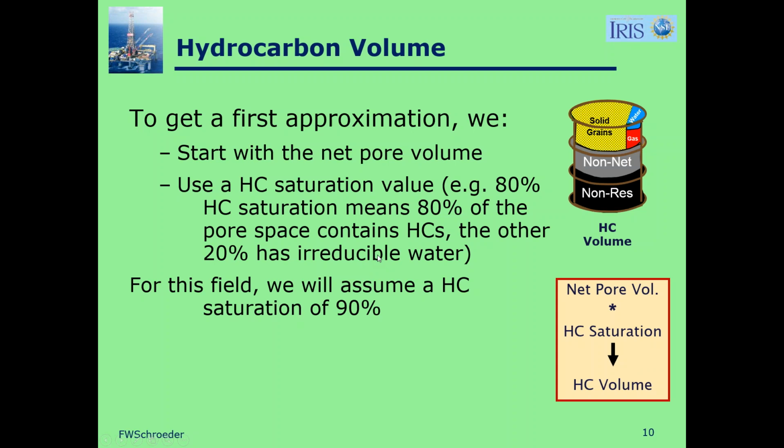So hydrocarbon saturation can vary quite a bit. For the Barracouta field, we'll assume a hydrocarbon saturation of about 90%, which is on kind of a high side worldwide, but the Barracouta field reservoir has very good permeability, and so good connectiveness of the pore space, and hence the hydrocarbon has replaced 90% of the pore space.